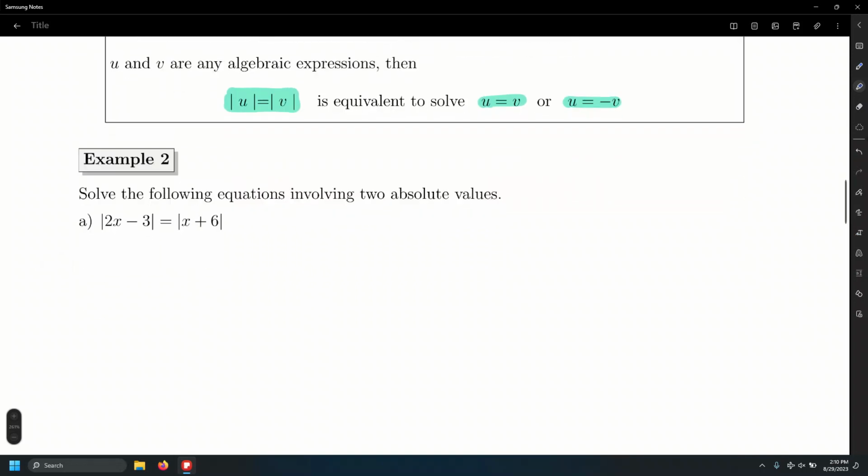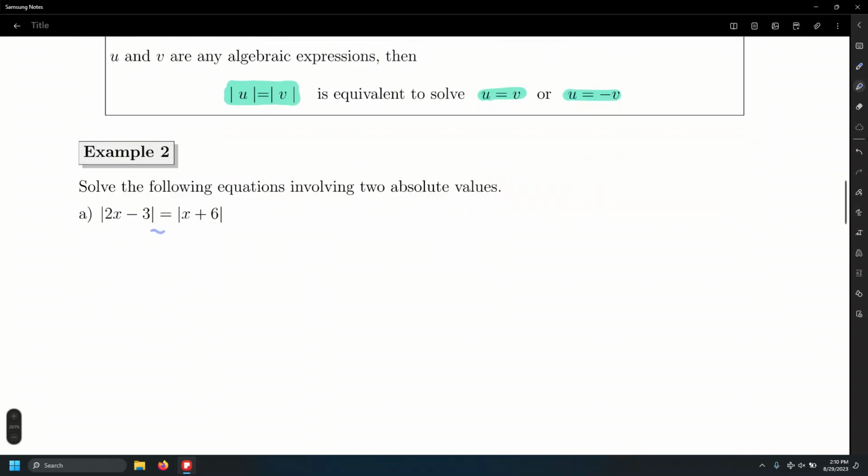So this breaks up into two mini equations. One with 2x minus 3 equals negative the quantity x plus 6, and another one with 2x minus 3 equals the positive x plus 6.